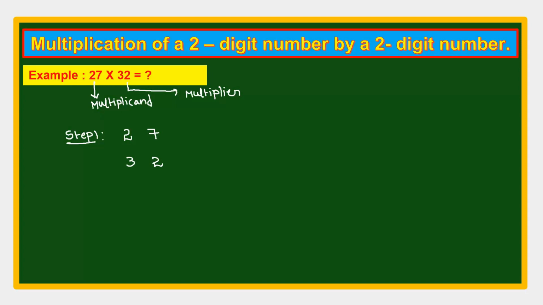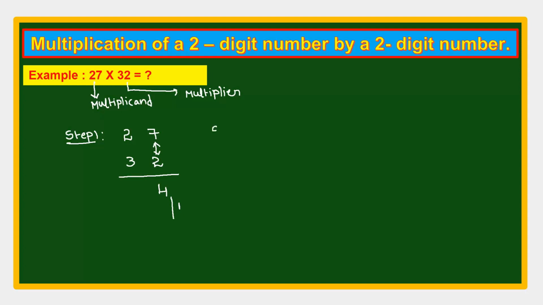Here the multiplier unit digit is 2. So these two numbers we multiply in step 1. 2 7s are 14. So write 4 here and carry forward 1.